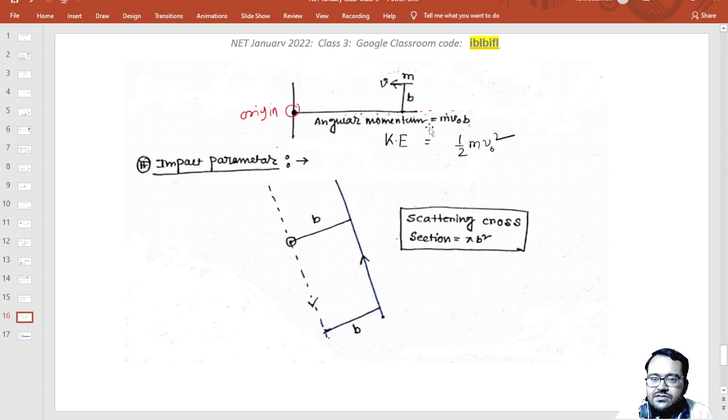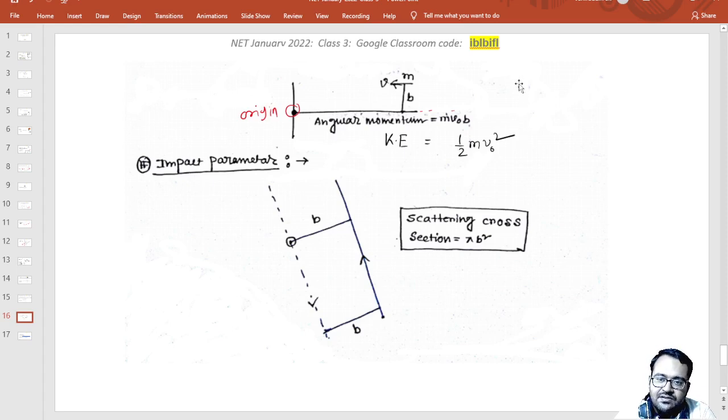So if we have this b there, height b from this line, a symmetry axis or whatever, you need to determine this properly. If this is b, then angular momentum is m v0 b, and the kinetic energy is half m v squared.